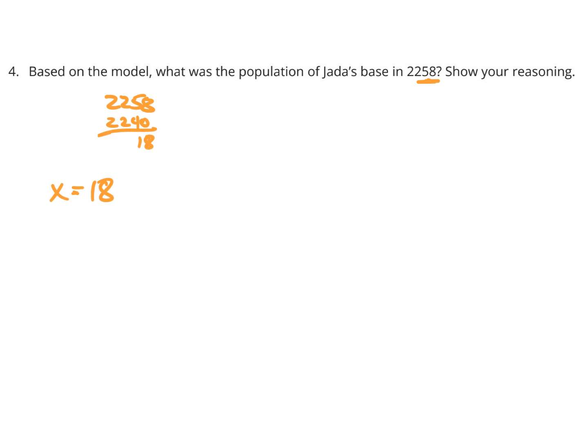So if I scroll down to 18, y equals 127,002.5588. We just used 127,003, because you can't have half a person.